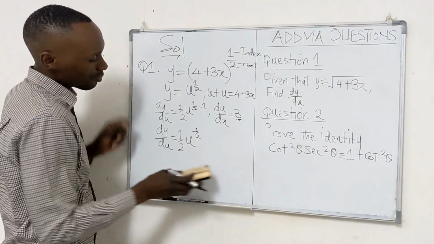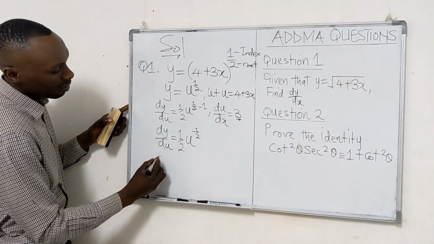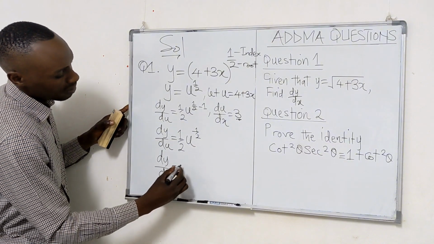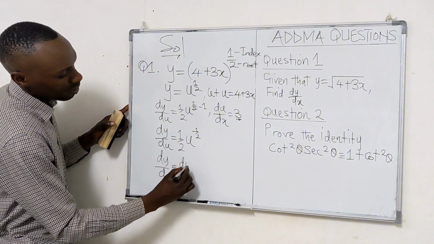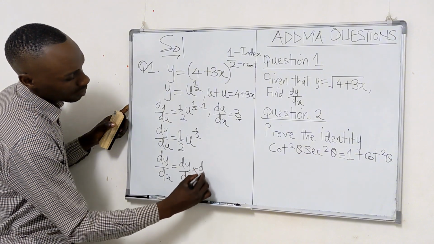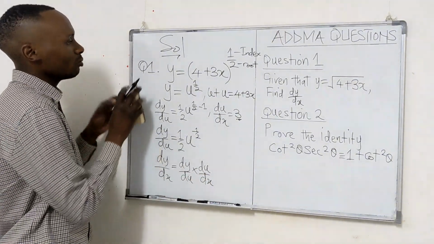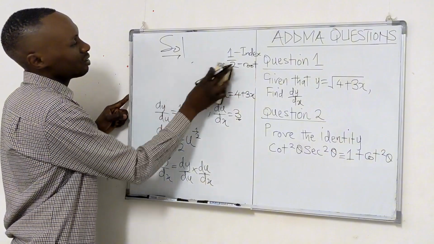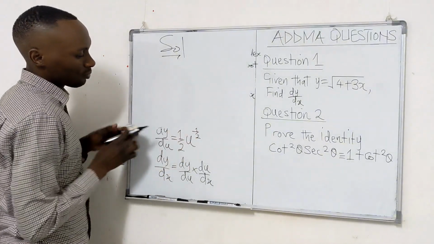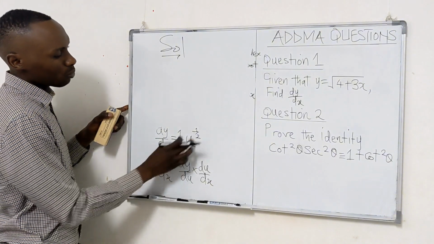And then we are now going to combine these two. To get dy/dx, we are saying this is the multiplication of dy/du times du/dx. So on dy/du, we got this.